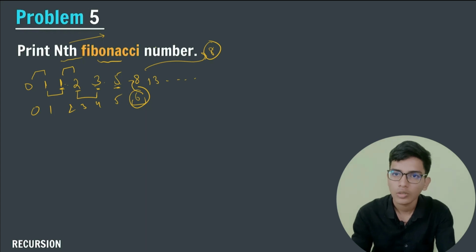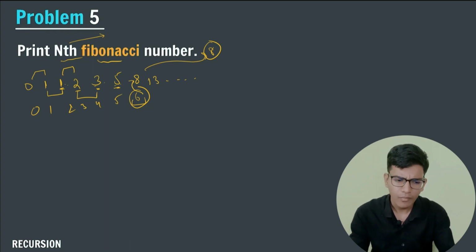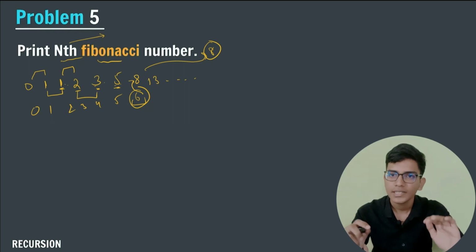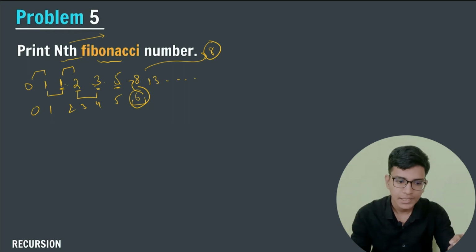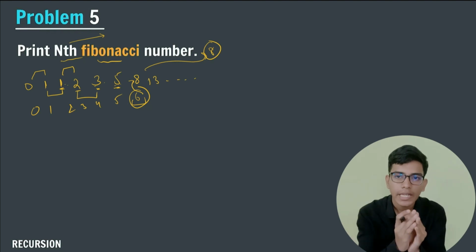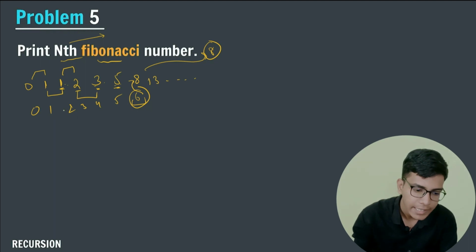Now how am I going to do this question, and what will I require? To do this question, you need to understand the concept of Fibonacci. In simple words, Fibonacci is a series in which each upcoming number is equal to the sum of the previous two numbers. Suppose we consider 0, 1, 2, 3.